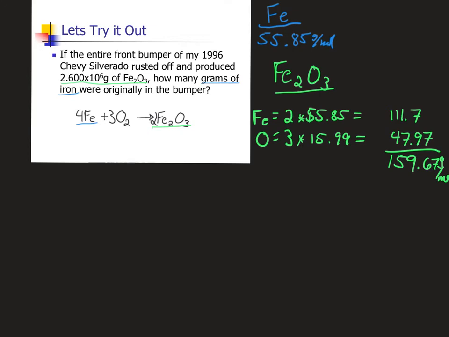We have to start with what we're given, as always. 2.6 times 10 to the 6th grams of iron 3 oxide. We now use items that we've calculated.